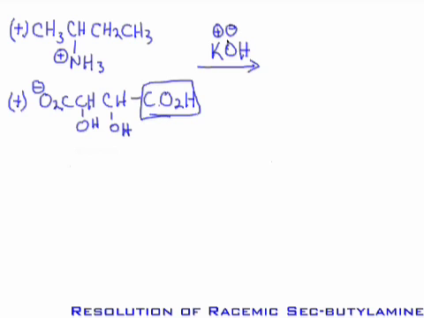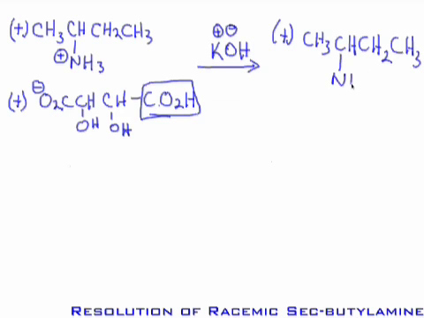Okay, now, the base will pull a proton off both the NH3 and the CO2H. When it does that, you will get CH3, CH, CH2, CH3. Your pure enantiomer of sec-butylamine will be restored.